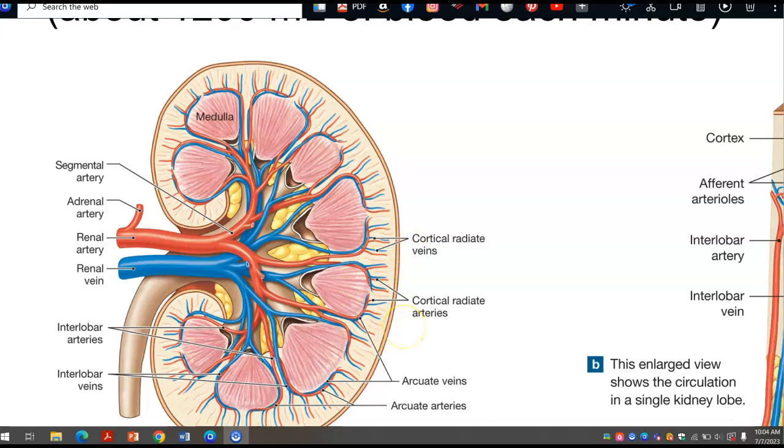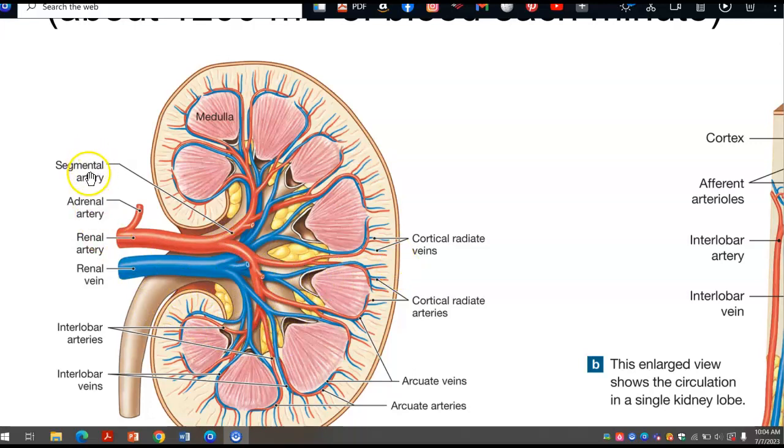But once the blood supplies the kidney, then it's going to be drained away from the kidney. And so we'll start with the cortical radiate veins, and then those empty into the arcuate veins, and the arcuate veins empty into the interlobar veins, and those empty into the renal vein. So the only thing that doesn't really overlap is there's no segmental veins.